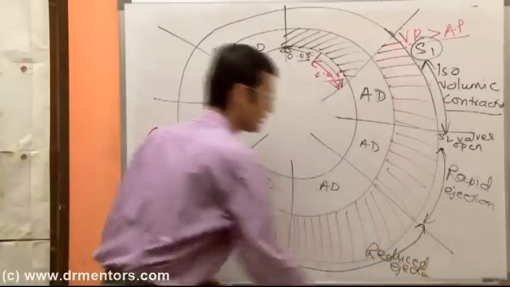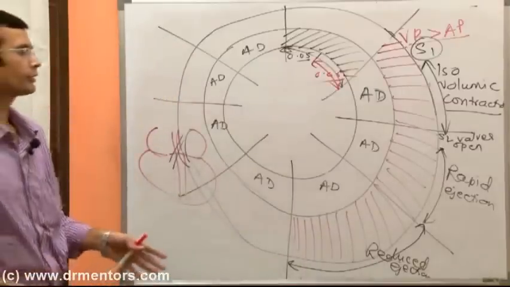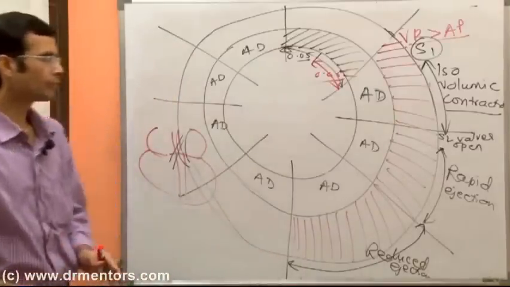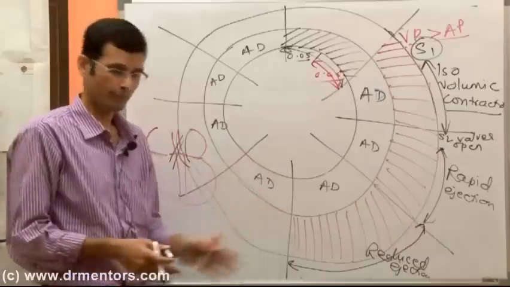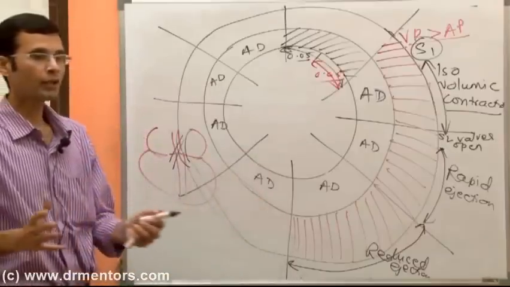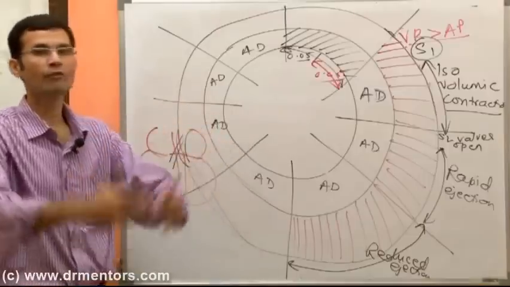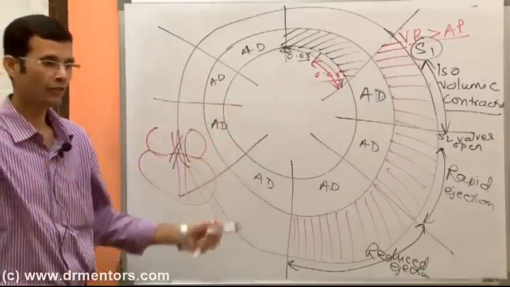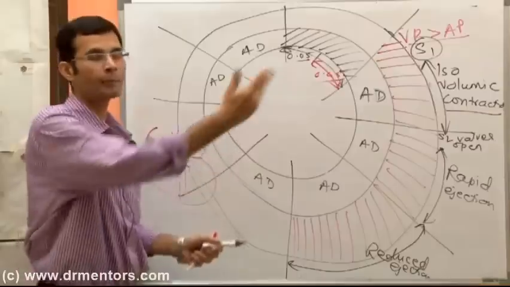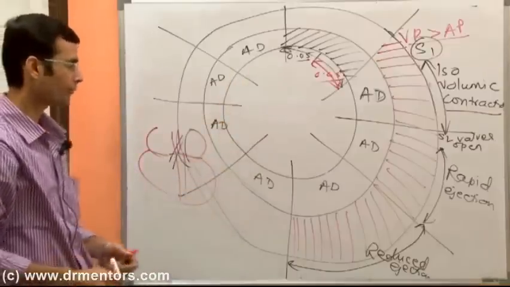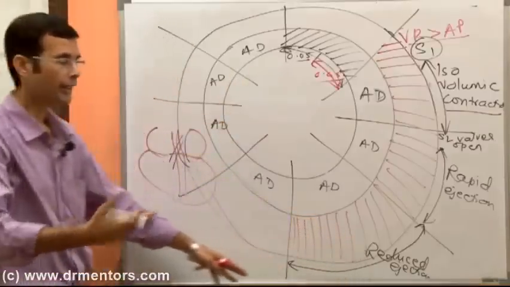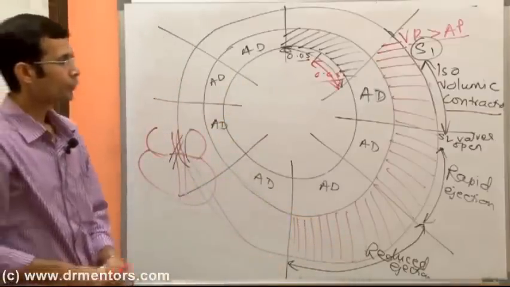Initially the ejection will be rapid because ventricular pressure was rising and then the semilunar valves were thrown open. So that rising pressure will have a first rapid ejection phase. Then the ejection rate will reduce. So two phases.